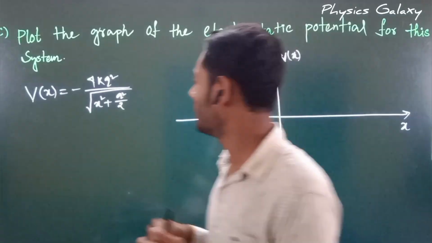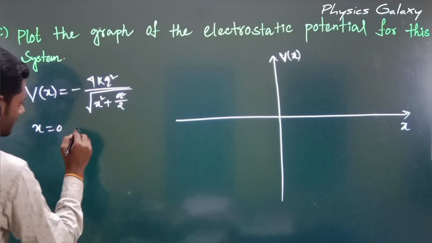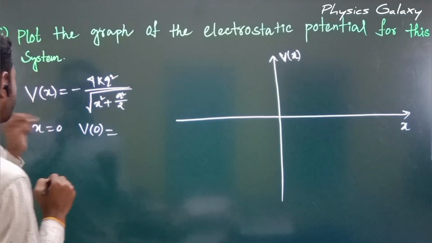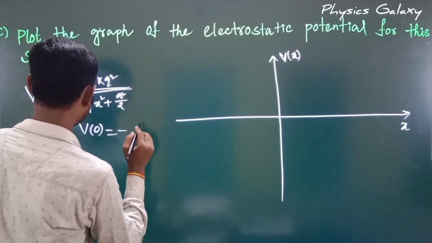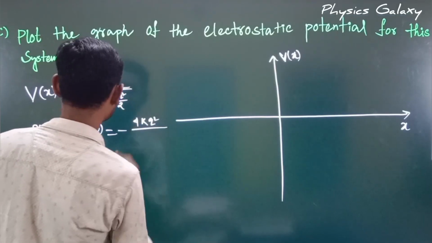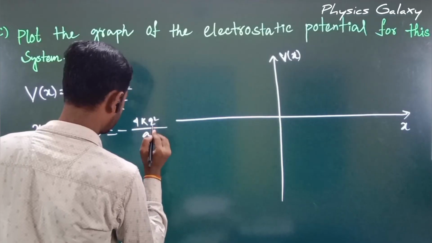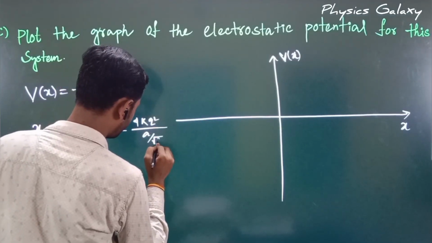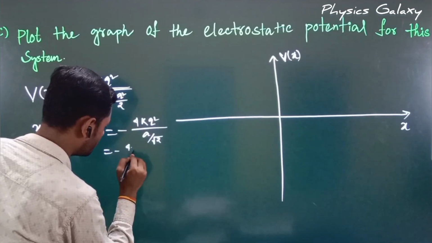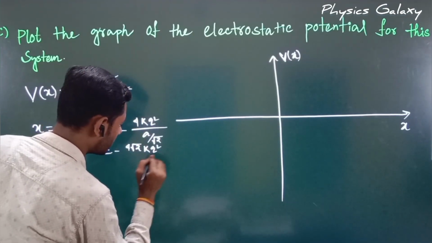So when x is equal to 0, the potential V at 0, when I put 0 in this equation, is equal to minus 4kq square divided by a by root 2. So this is actually minus 4 root 2 kq square divided by a.